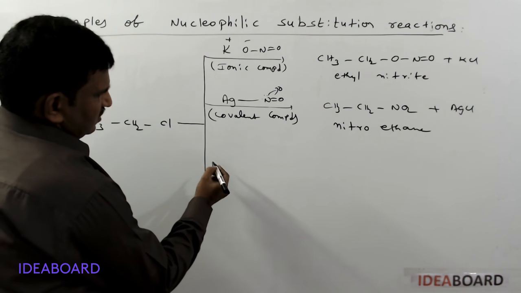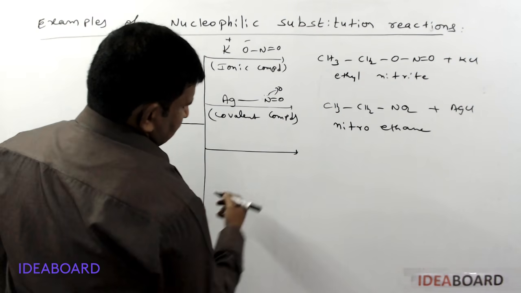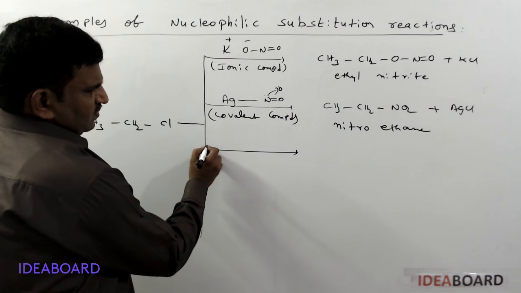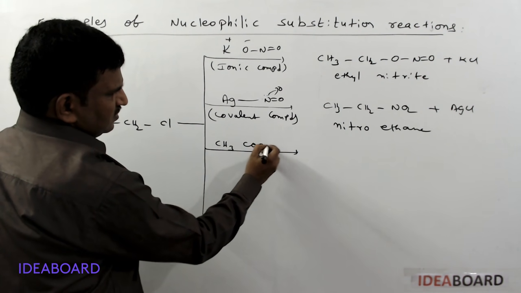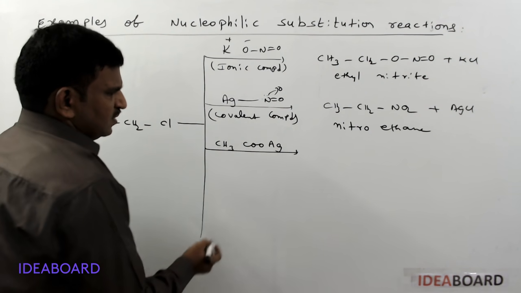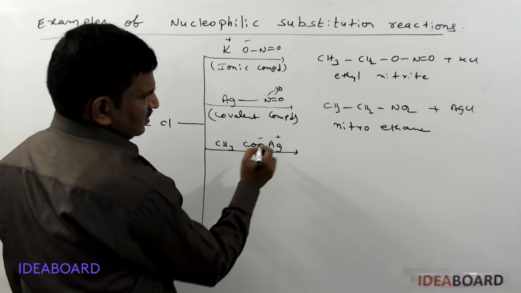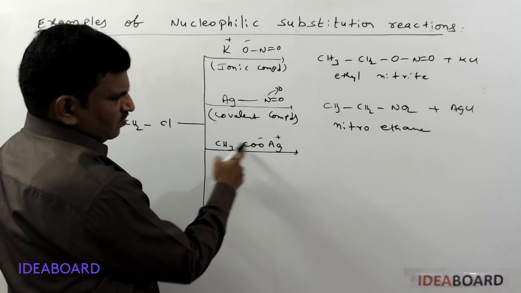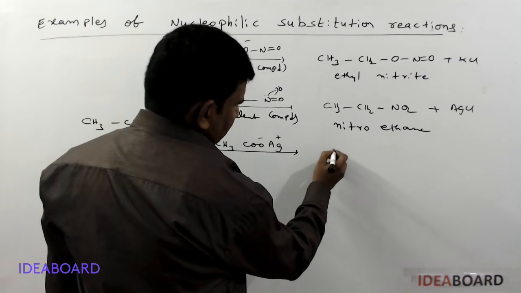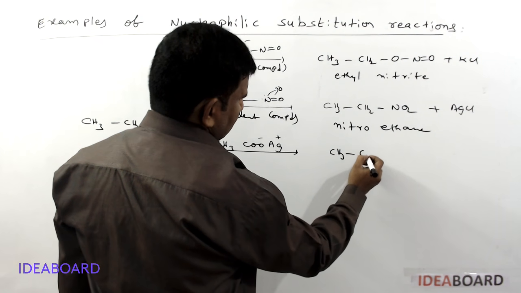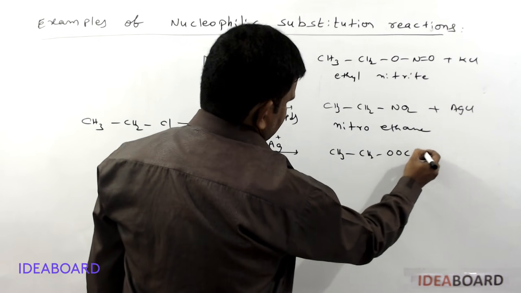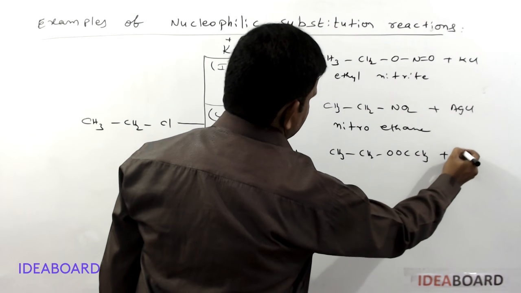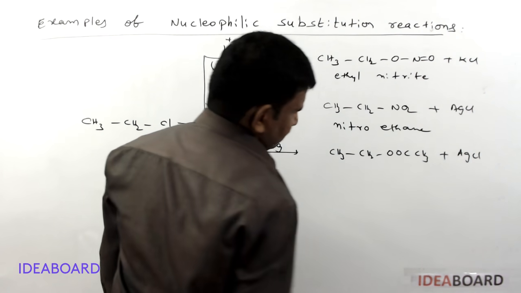And next, suppose the reaction with silver carboxylate or silver acetate, CH3COO−Ag+. This carboxylate ion is the nucleophile, and so we get CH3CH2OOCCH3 plus AgCl.